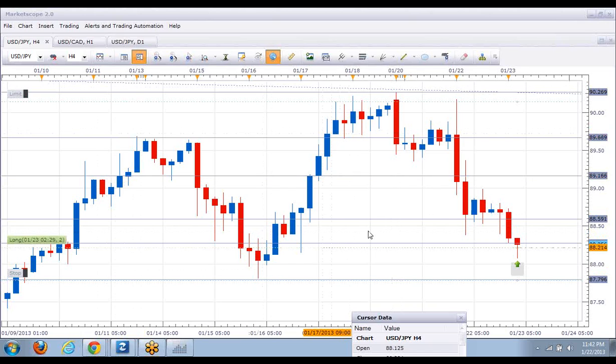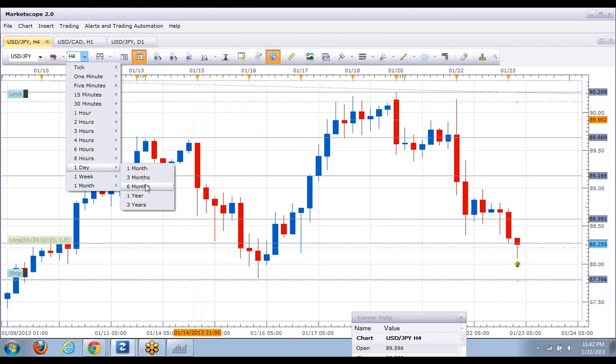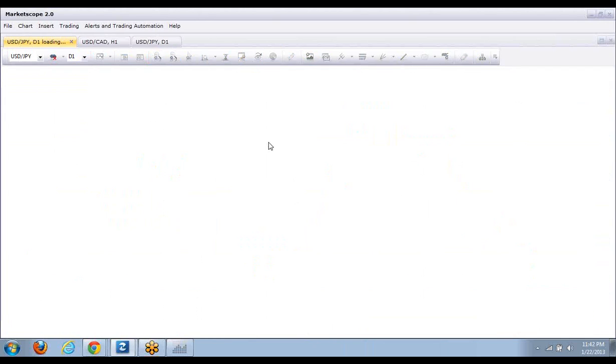Okay, it's an uptrend. What is the condition in order for that to be a downtrend? It would need to break through my stop. Correct. All right. Let's go through the daily chart.